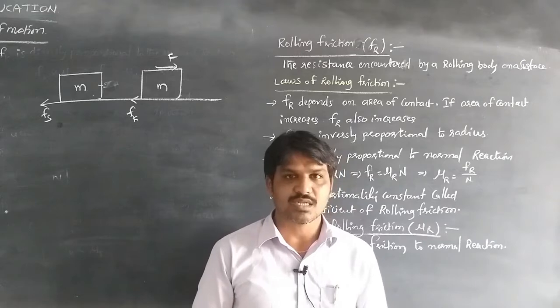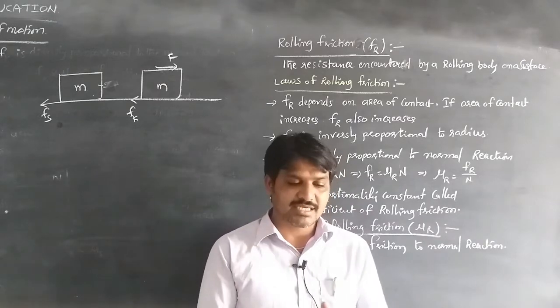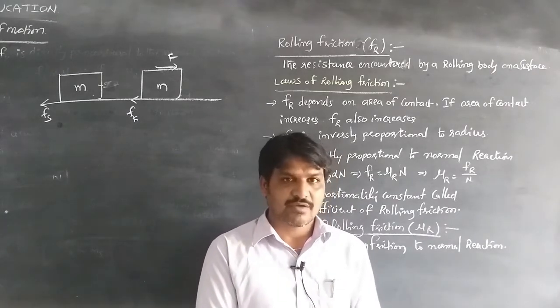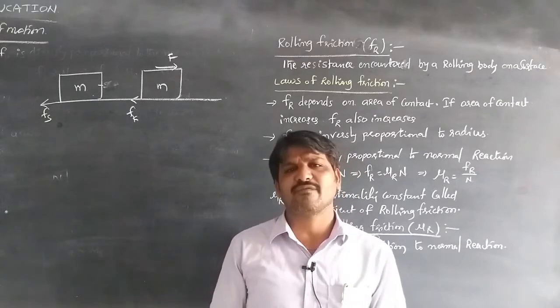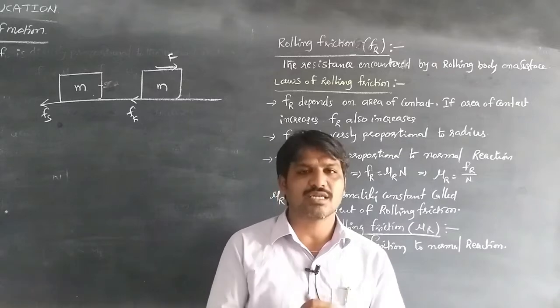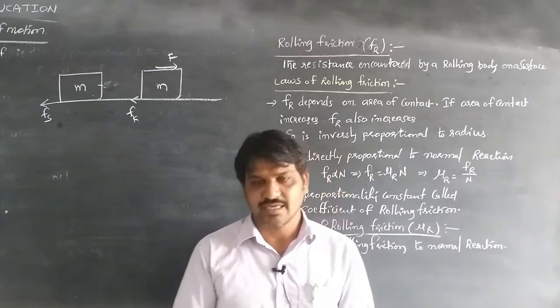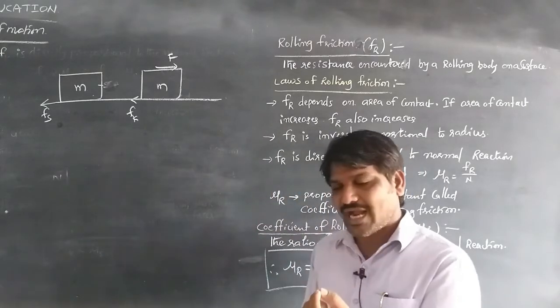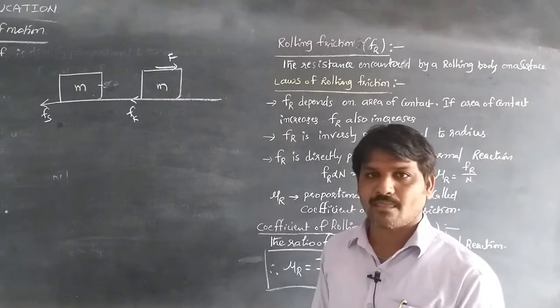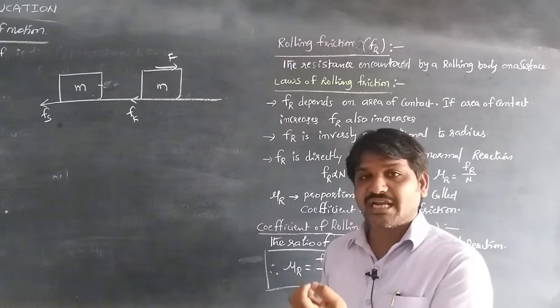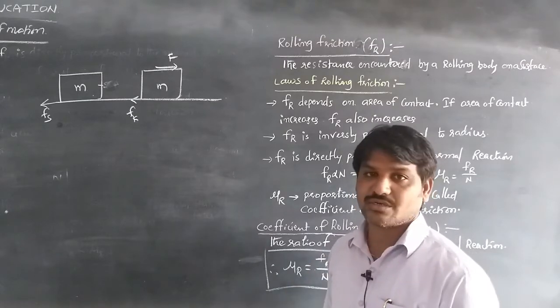Otherwise, if the cylinder is on the floor and we are rolling it, then we require a lesser amount of external force to roll that cylinder. Because here we can say that the static friction is more than the kinetic friction, and the kinetic friction is more than the rolling friction.